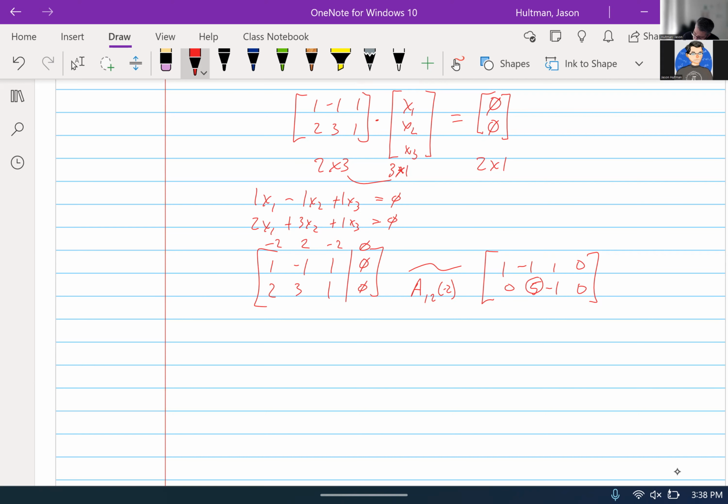Okay, and then add. So let's add the bottom row to the top row, and then go 1/5 times that bottom row. And so when I multiply by 1/5, that becomes a 1 and a -1/5.